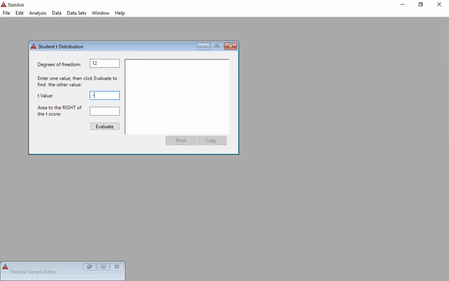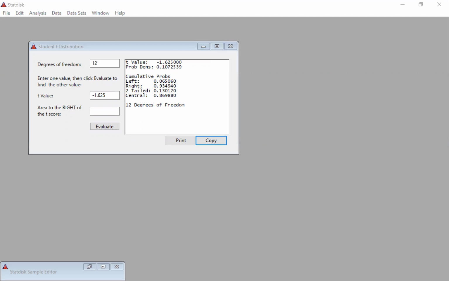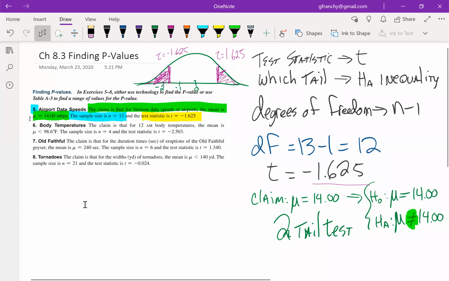Our t-value was negative 1.625. And then when we hit evaluate, we're going to get 3 probabilities here. So let me take this back over to here.